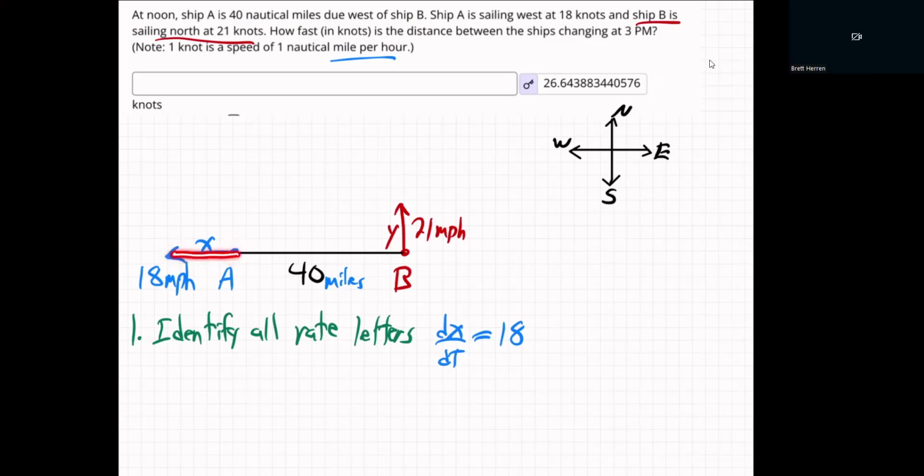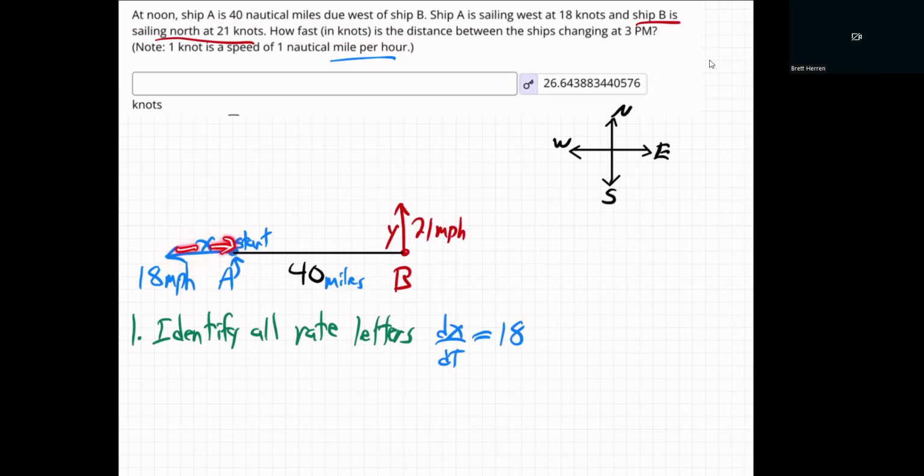Ship A started right there, but it's headed west, isn't it?